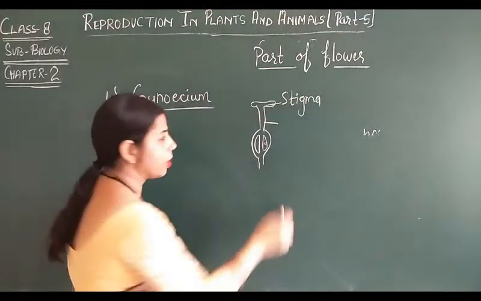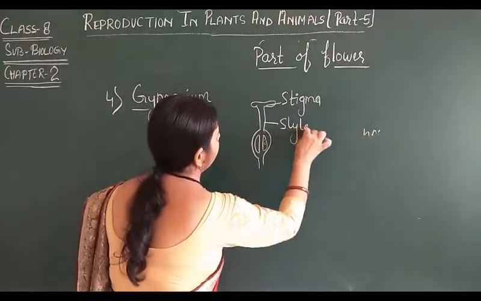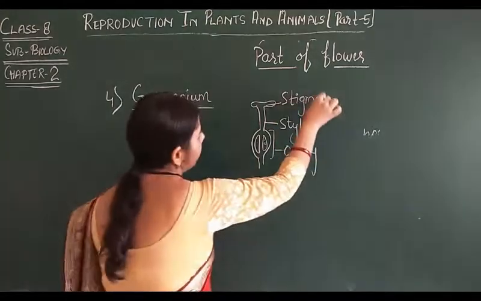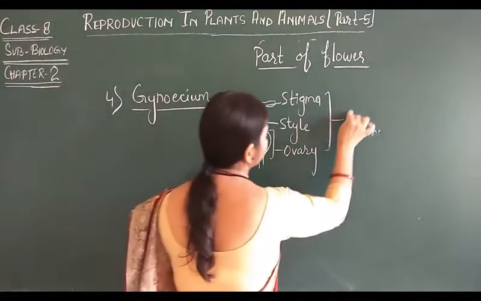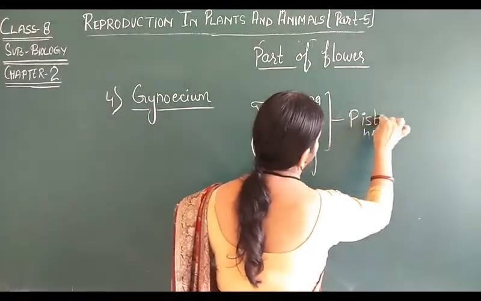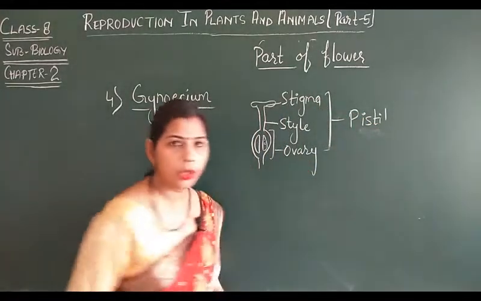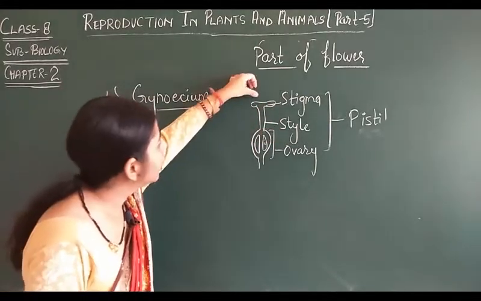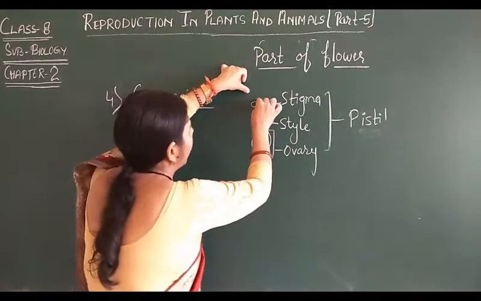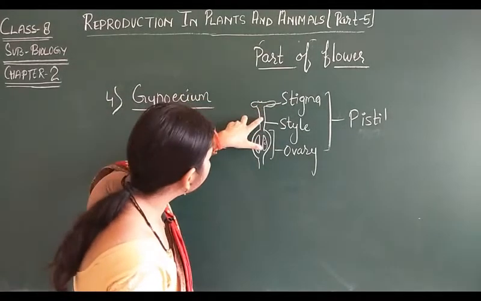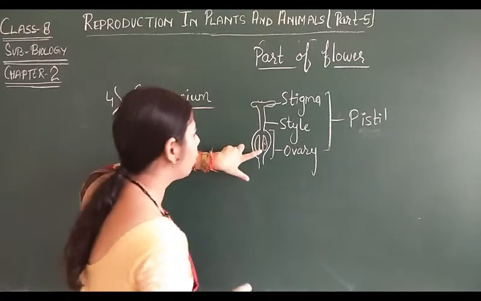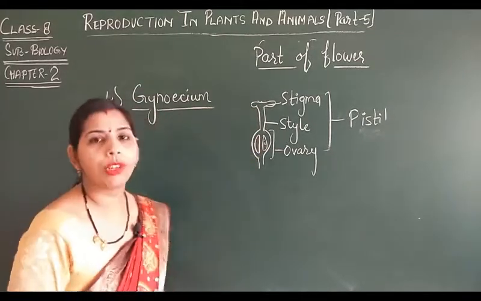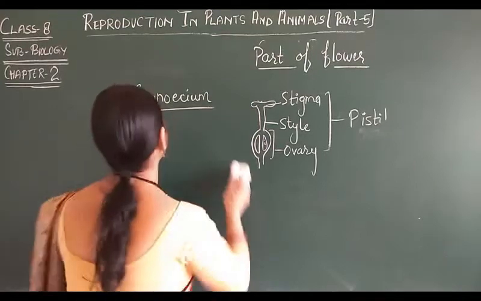This tube-like structure is called the style, and this swollen part is called the ovary, and this complete part combined is called the pistil. So why is this stigma there? When pollination occurs, the pollen grains, the male gametes, stick here, and then they move forward through the style to the ovary, and the ovary has the female gamete, known as the egg or ovum, where the fusion of male and female gametes takes place.